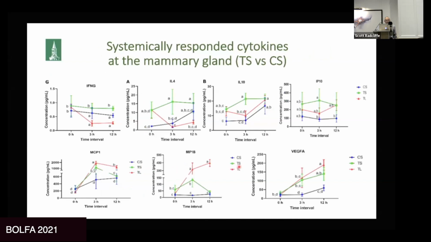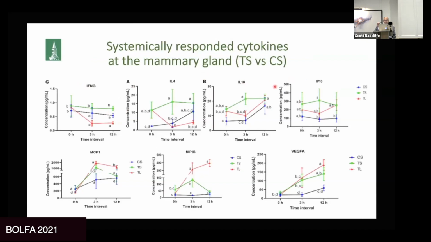Systemically, in the mammary gland, that's a comparison of TS versus CS, okay? You can see again, this time compare the green versus the dark. Those that decreased in the mammary gland we just saw actually increased in the TS versus the CS. That means in the non-LPS challenged gland, they increased compared to the normal cow.